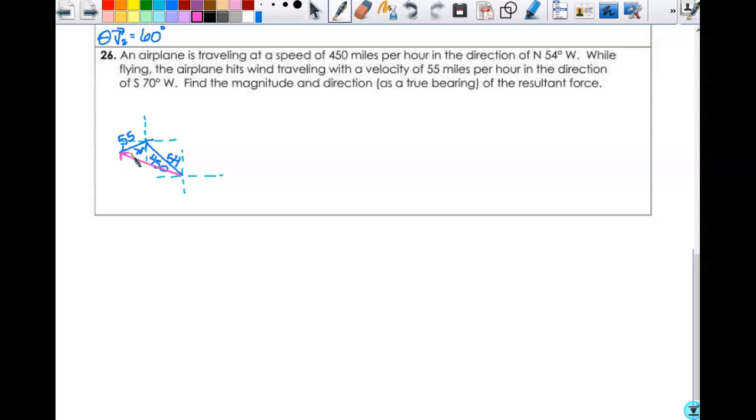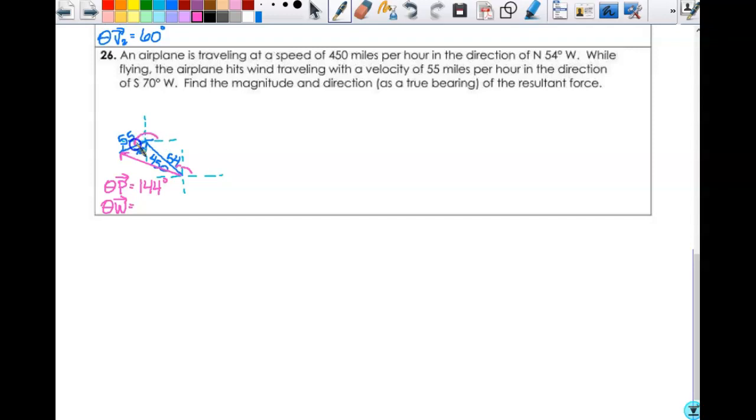So this first theta, the theta for the plane, so we'll do the plane and the wind. Theta for the plane vector, let's see, this is 54 degrees right here. I have to add 90 to that, so that'll be 144. Then theta for the wind, if this is 70, that makes this 20.